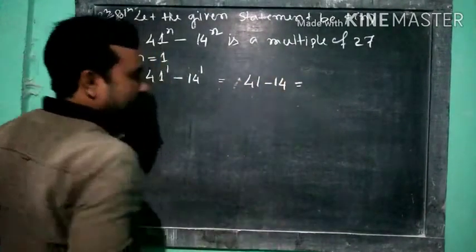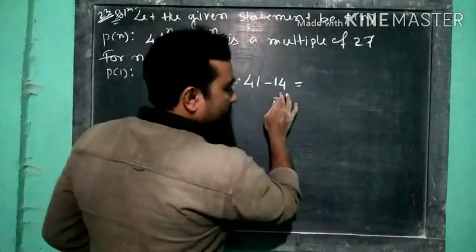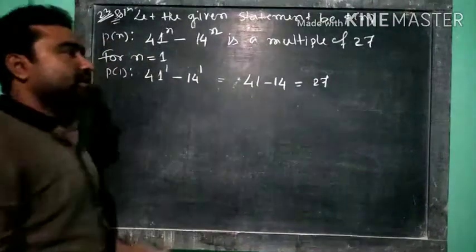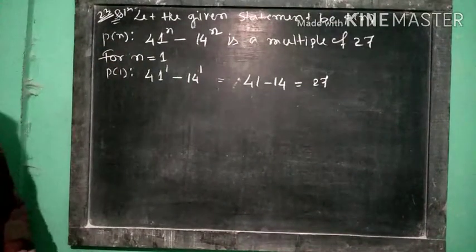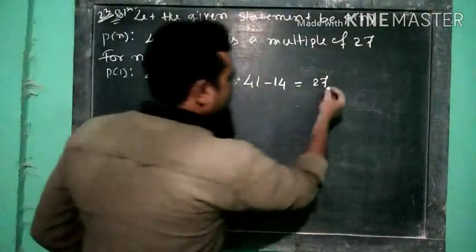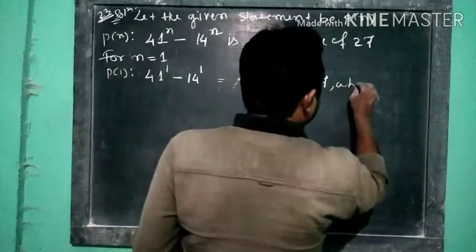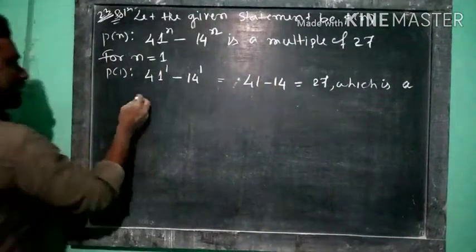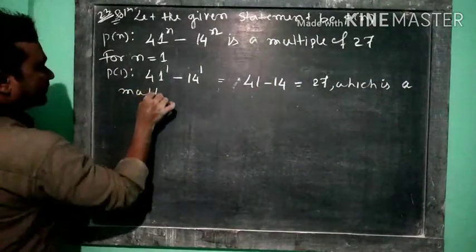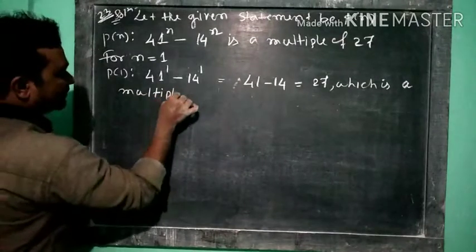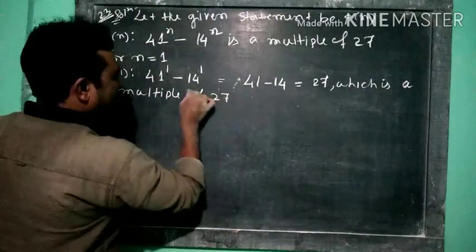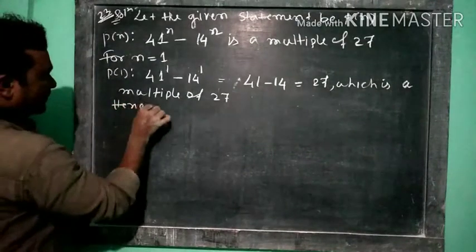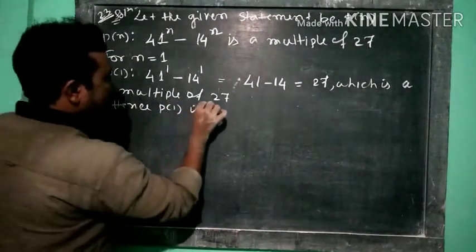If we subtract 14 from 41, then we get 27, and 27 is a multiple of 27. Hence P of 1 is true.